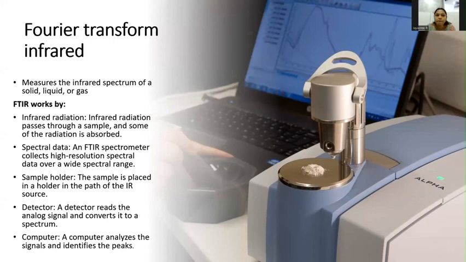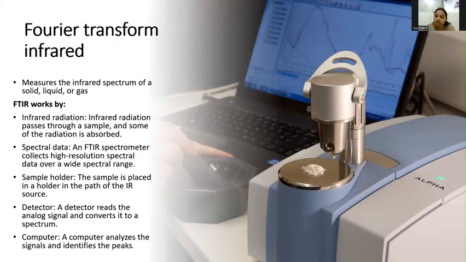In this method, you will be using infrared rays. The infrared rays pass through your sample, and the molecular bonds or the functional groups present in your sample will be analyzed by Fourier transform infrared spectroscopy.